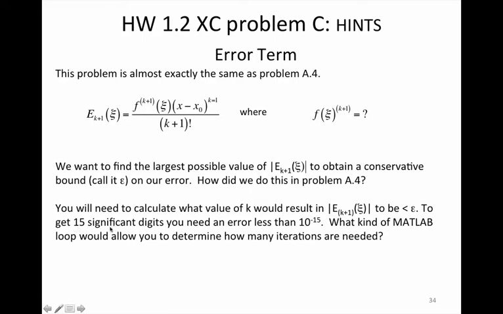Now, I'm telling you to use 15 significant digits. I didn't tell you what epsilon was, but I've kind of given it away here that to get 15 significant digits, you better have an error less than 10 to the minus 15th. So I think that helps you create requirements for that.